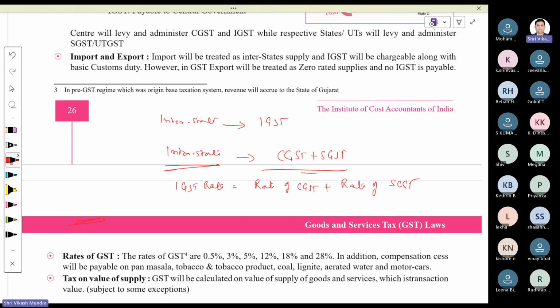One more equation: rate of CGST equals rate of SGST. In case of interstate, Integrated Goods and Service Tax is applicable, and in case of intra-state, the rate would remain the same, but we will collect 50% for the central government and 50% for the state government.